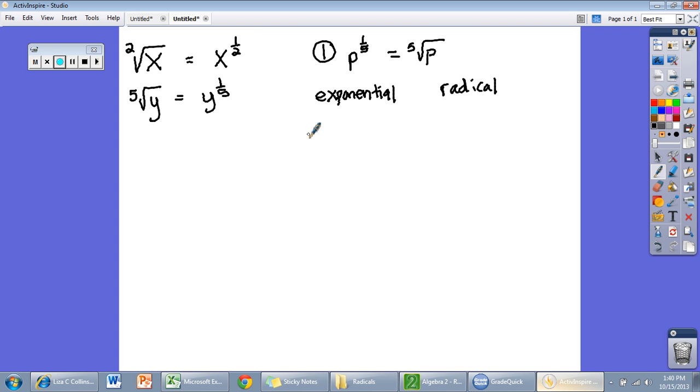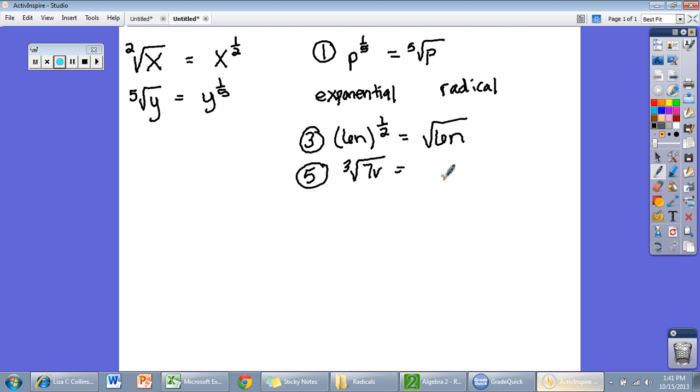So if we look at example 3, you have 6n to the 1/2 power. So that's the same thing as the square root of 6n. Because they're in parentheses, that 1/2 power applies to both things. So in problem number 5, where you are asked to do the 3rd root of 7v, we could not write that as 7v to the 1/3 power without putting parentheses around the 7v.